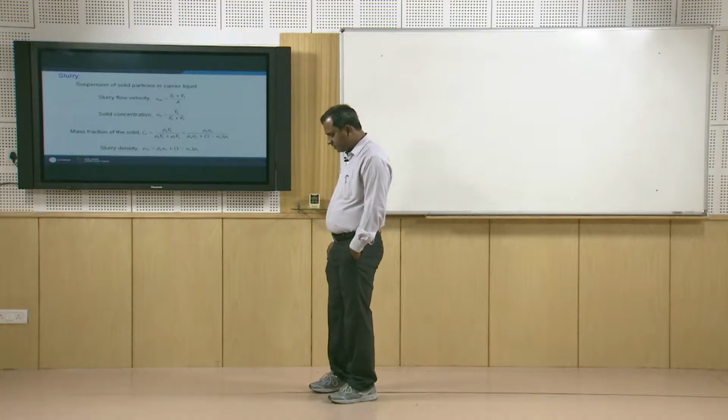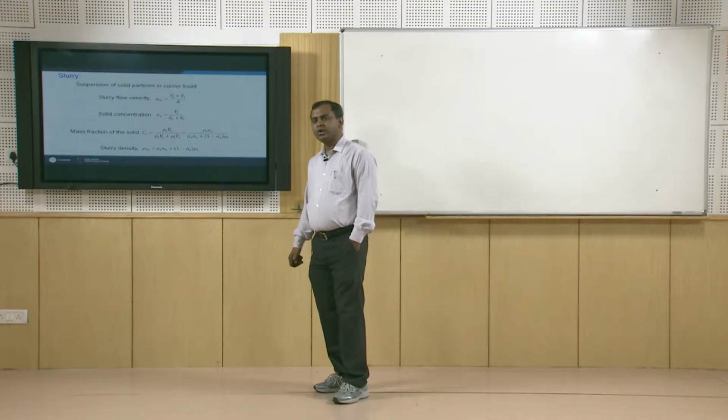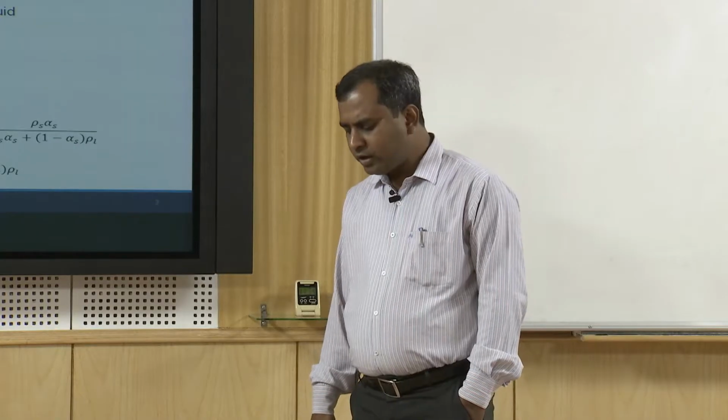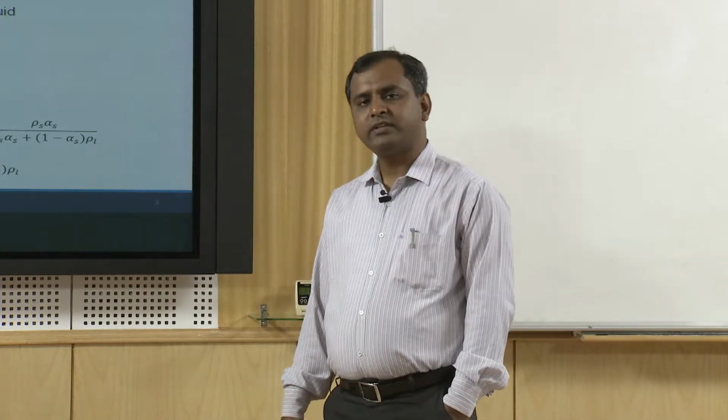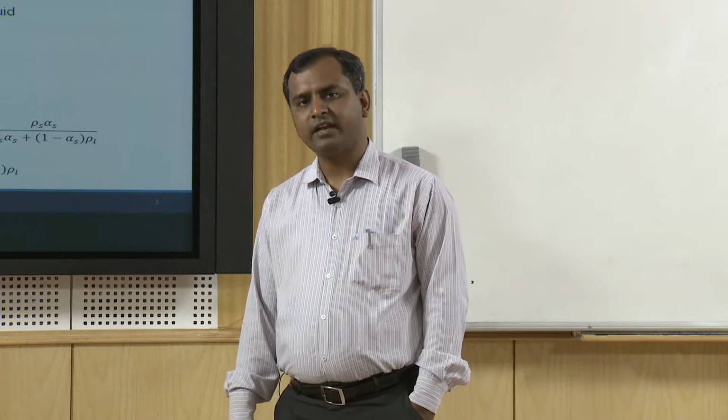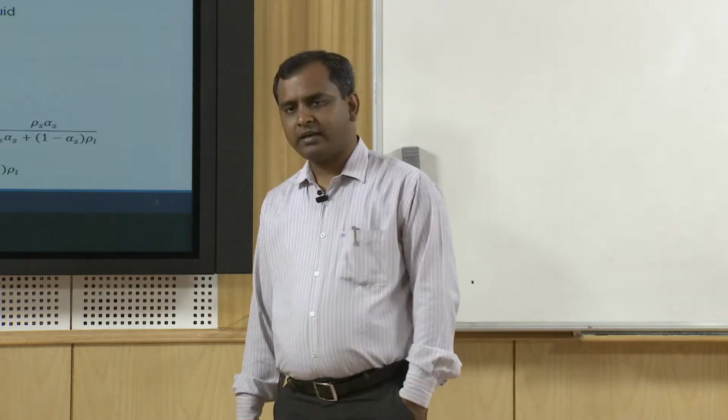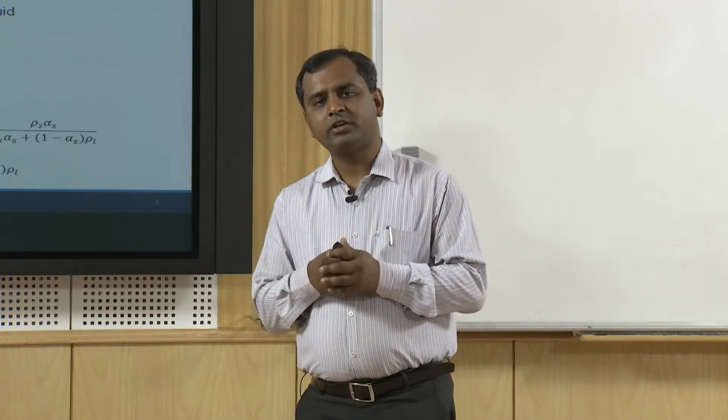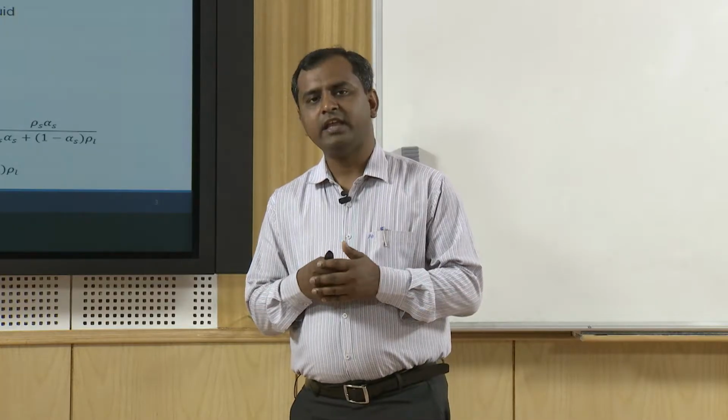So, let us first see what solid liquid flow is and how it can be characterized. Solid liquid flow is mainly classified as slurry flow. In slurry you will find a suspension of solid particles in liquid.